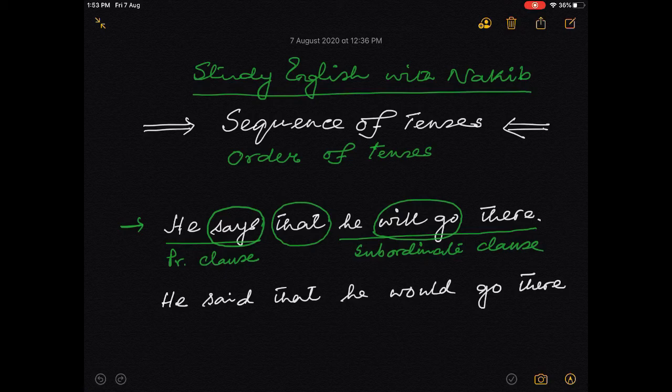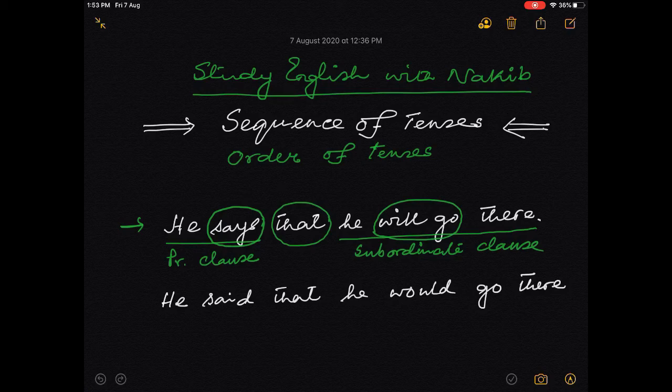And in the principal clause, there is a verb, and as there is a verb, there is a tense. You know, tense means the forms of the verb indicating the time of the action. So, here the verb is say, it has its form that suggests that it is the action of the present time, and here is another verb, will go, in the subordinate clause.